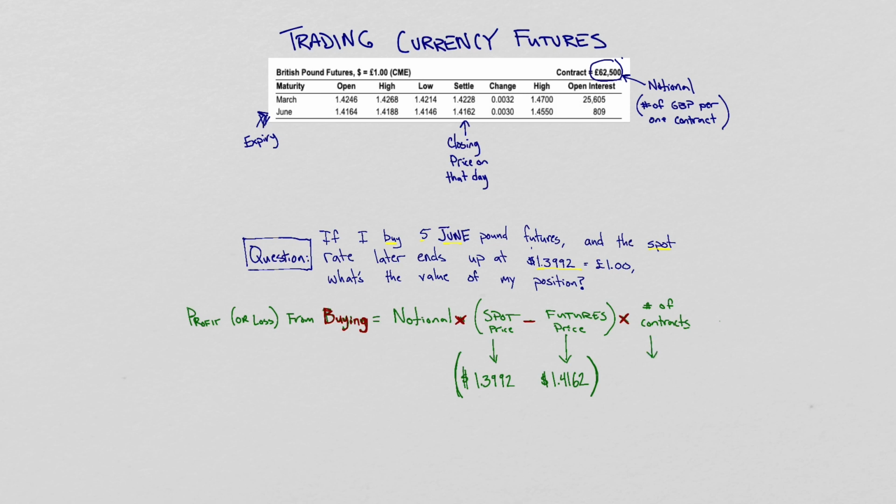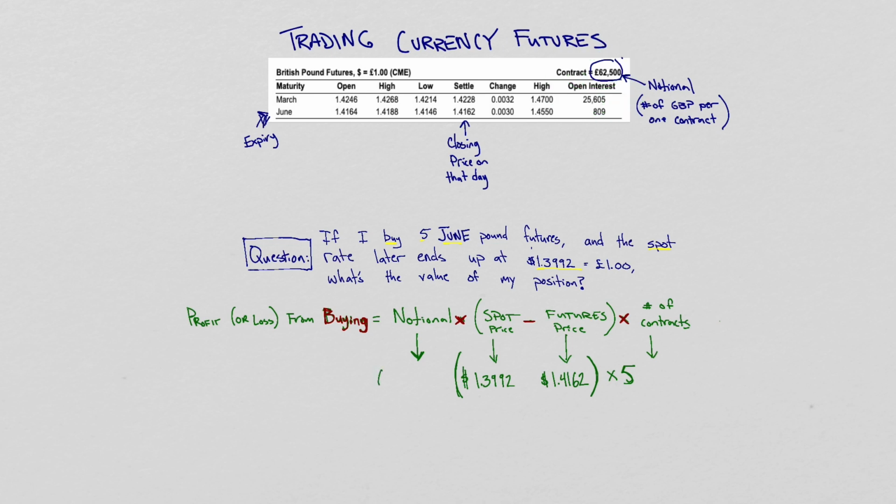And then what else do we have? We've got 5 June pound futures that we were purchasing, so times 5. And then the notional, how much is each contract worth? We saw up above to the top right here that one contract was worth 62,500 pounds.